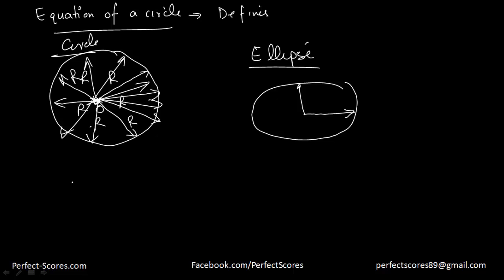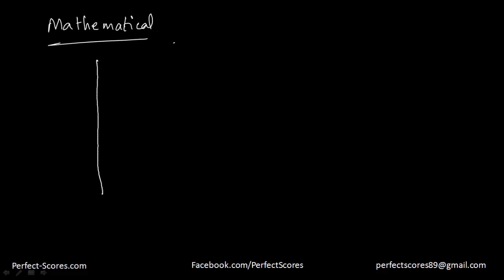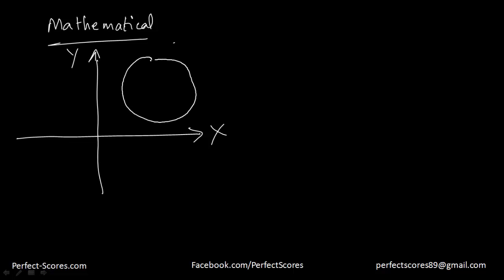So let's come up with a mathematical way of defining a circle. Let's suppose this is a coordinate plane with this as the x-axis and this as the y-axis, and we have some circle here whose center coordinates are given by h comma k.